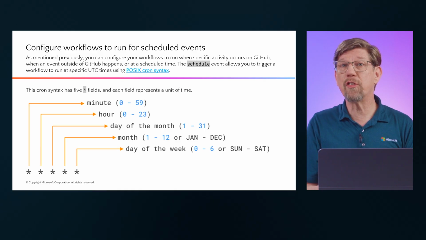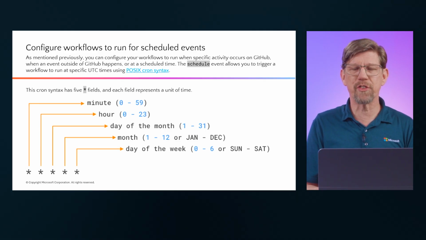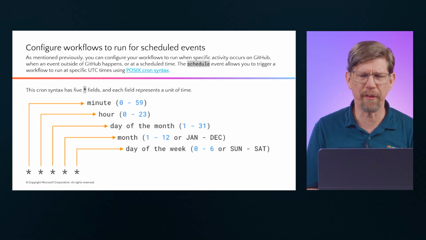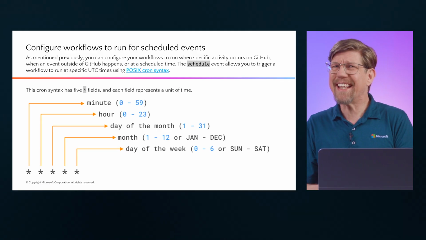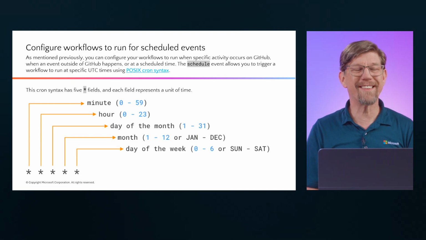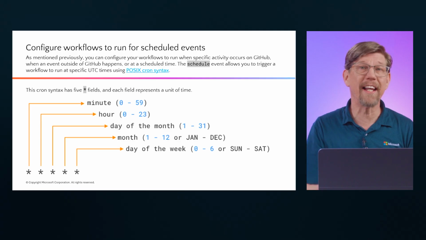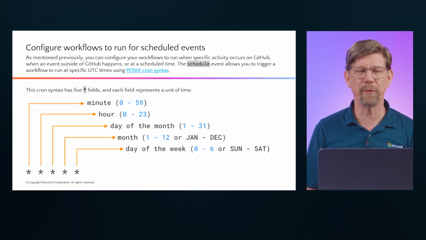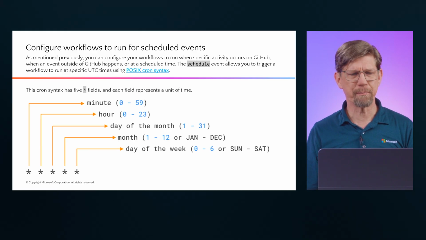Then maybe it's only certain months. Maybe we only want this to run January, February, March. We could have the 4th component there. Maybe more likely, however, the 5th option there of day of the week, where we could say this needs to run on Friday nights, or this needs to run Monday mornings before our developers get into the office.